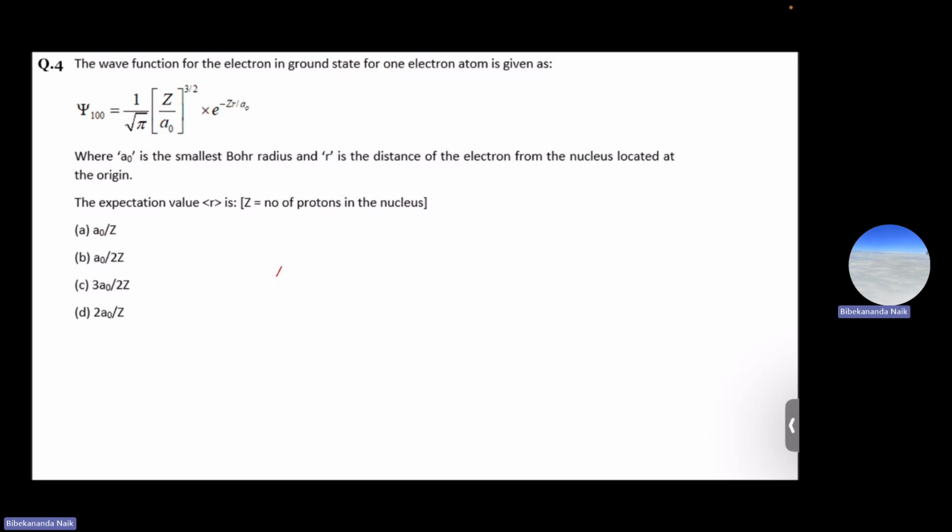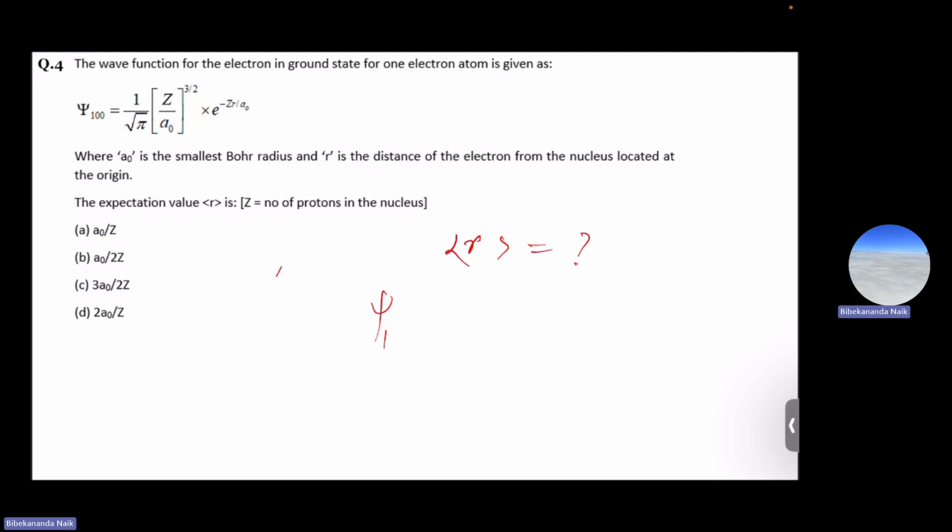The options are option A, a0 by z, option B, a0 by 2z, option C, 3a0 by 2z, or option D, 2a0 by z. So these are the 4 options, and we need to find out the expectation value of r.